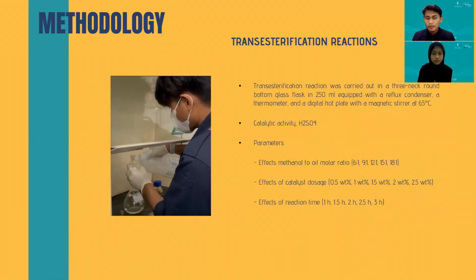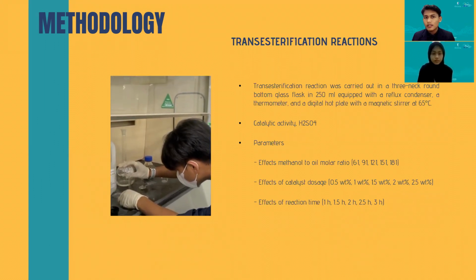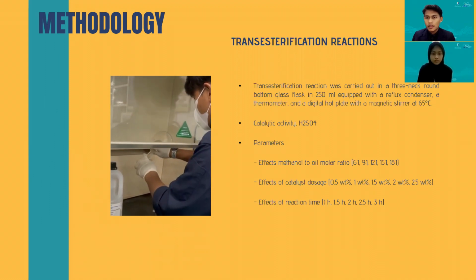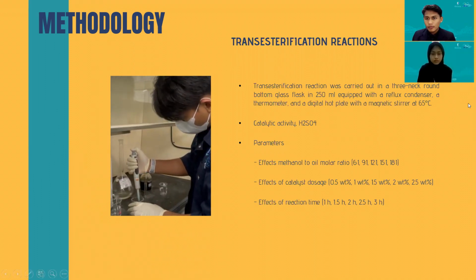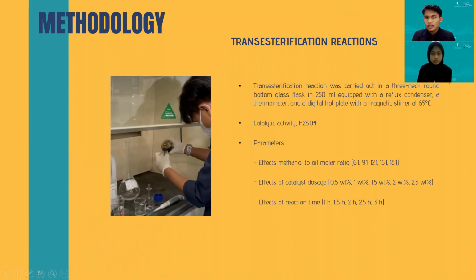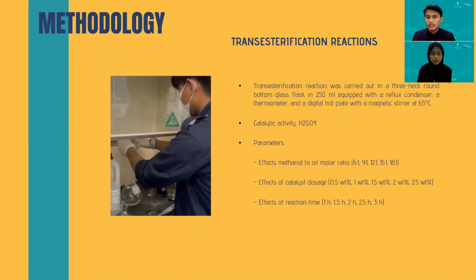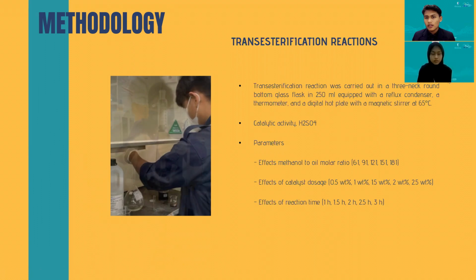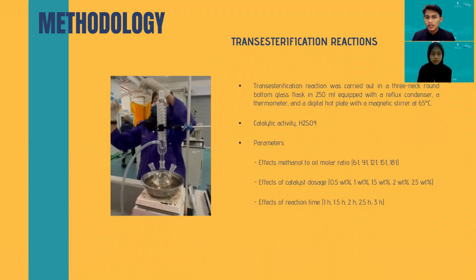And the last methodology in our project is the transesterification reaction. This method was carried out in a 200 ml 3-neck round bottom glass flask equipped with a reflux condenser, a thermometer, and a digital hot plate with a magnetic stirrer at 65 degrees Celsius.